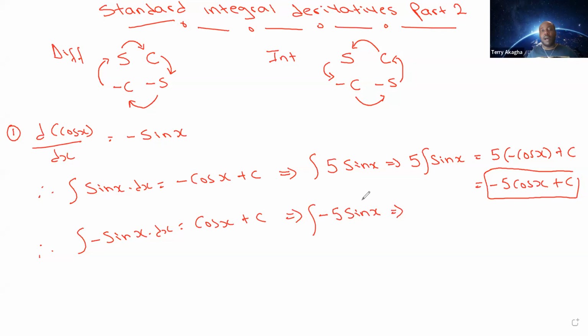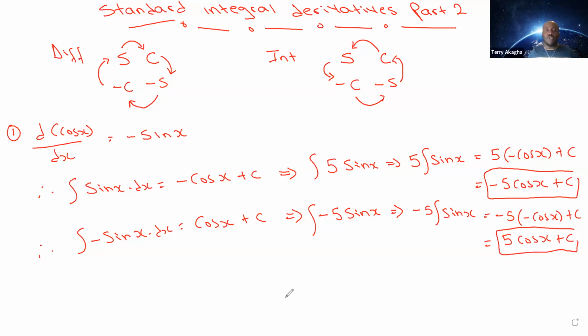So I'll bring out the minus 5, so that will be easy. So minus 5, and I will have sine x. When you integrate sine x, it gives you minus cos x plus c, and this is going to give you 5 cos x plus c.